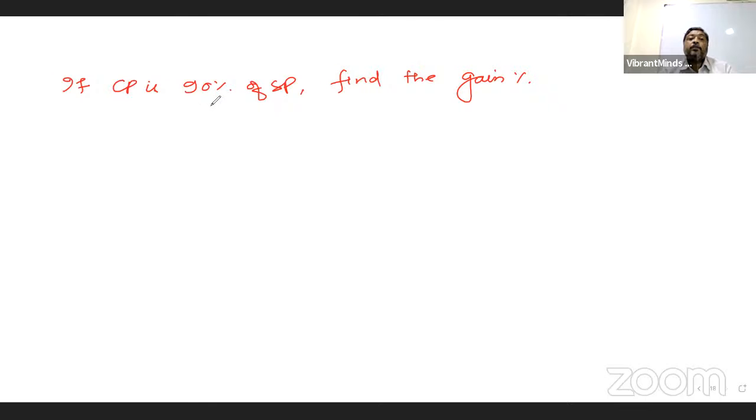If cost price is 90% of selling price, find the gain percent. This is the question.